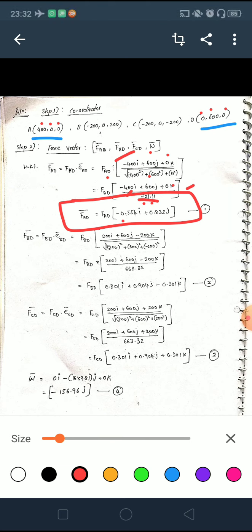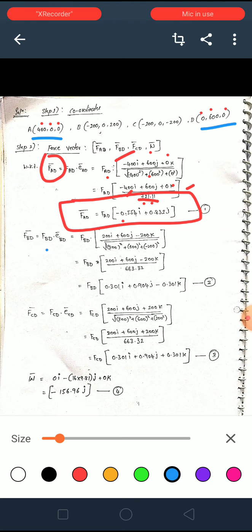Okay, so force AD is done. Now we will move on to force BD. Okay, so force vector BD is equal to force BD into unit vector BD. So now BD is this and this.